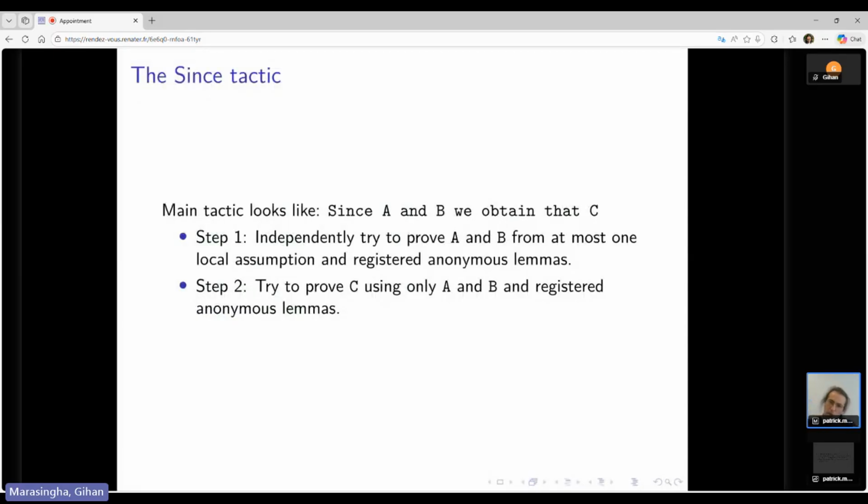A and B are claims, and the first step is to stop here and independently try to prove A and B from at most one local assumption and the registered anonymous lemmas. They are done really independently, and they must follow from at most one assumption using one step: one lemma, one little computation that you would not justify on paper.